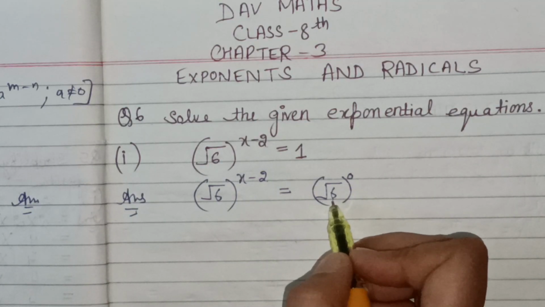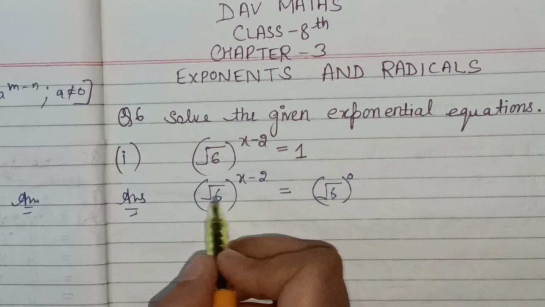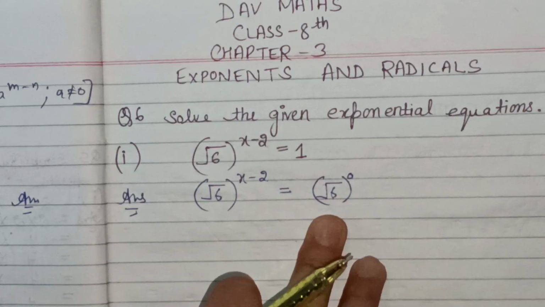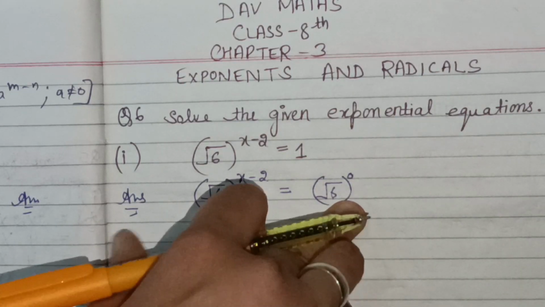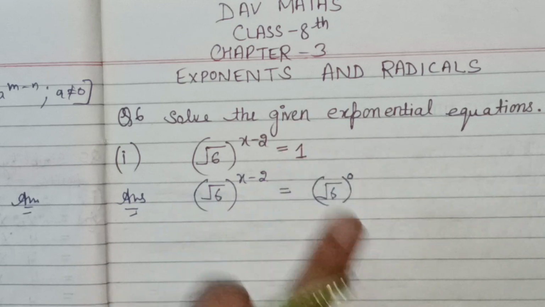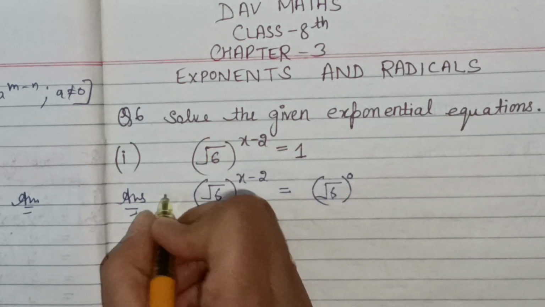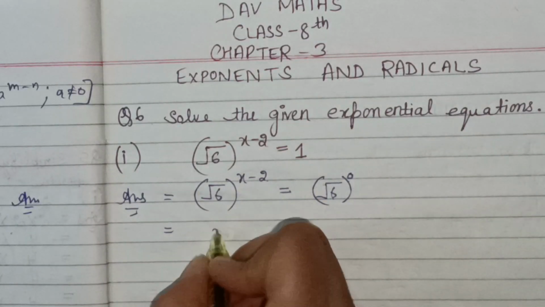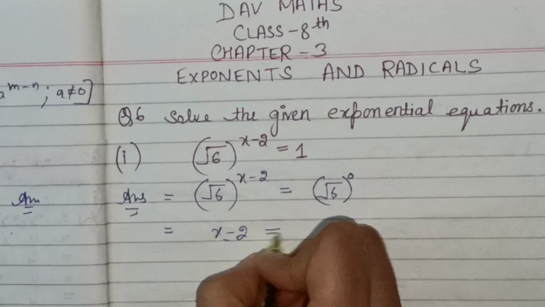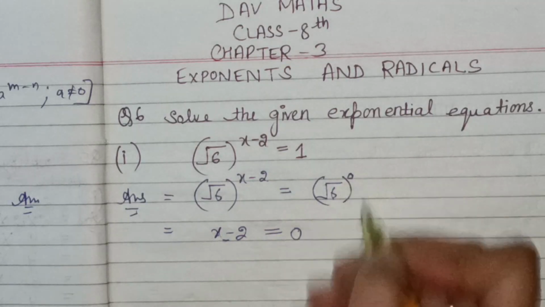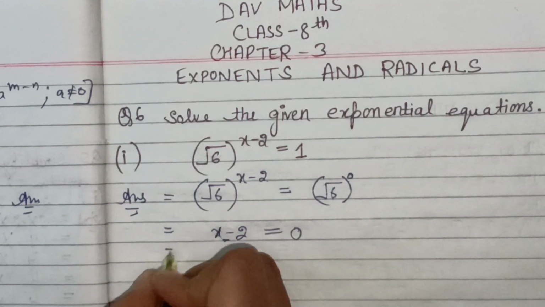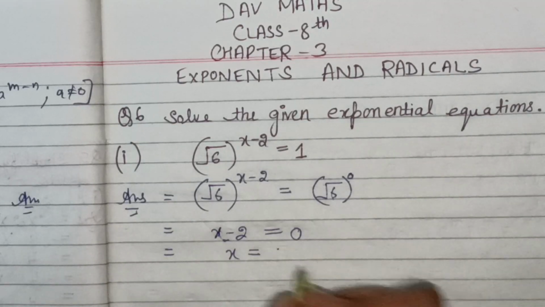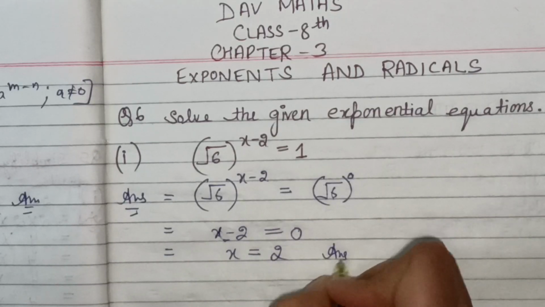So I write x minus 2 is equal to 0, or x is equal to 2. This is our answer of this question.